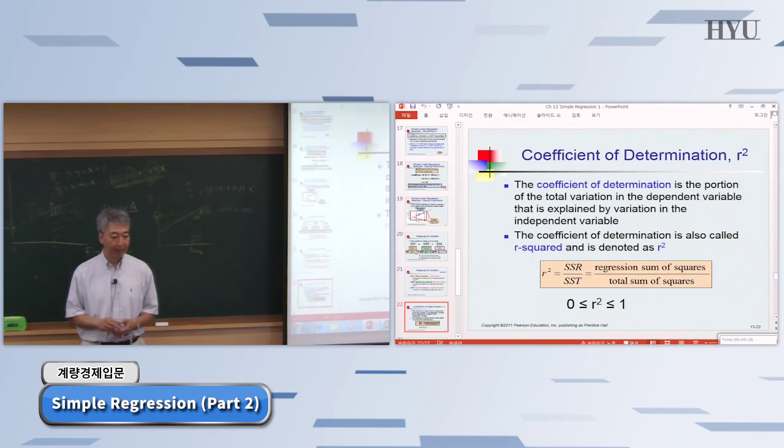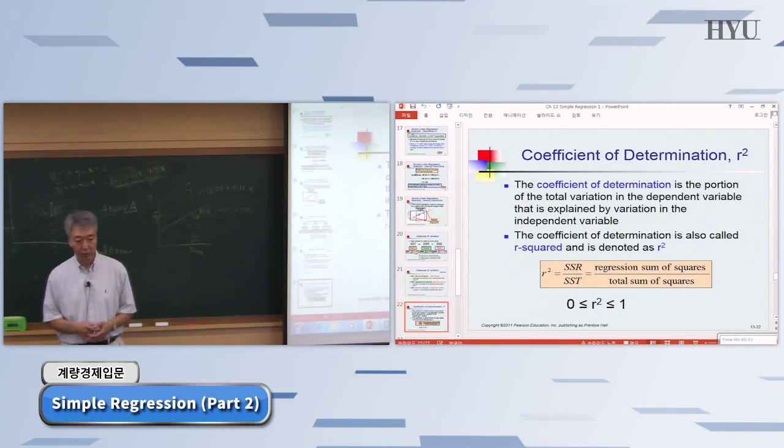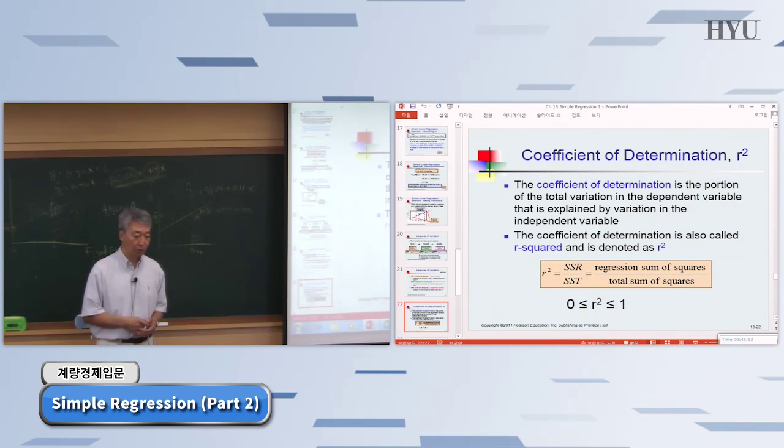And then by looking at the absolute size, what does that tell us? Whether it's strong or weak. That's right, the strength of the relationship, whether there's a strong linear relationship or not very strong linear relationship.